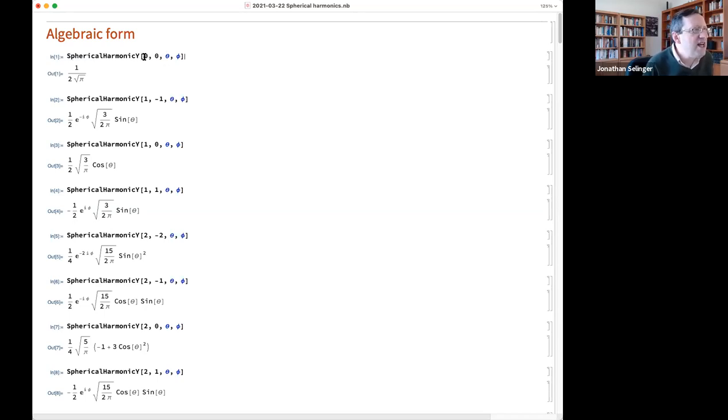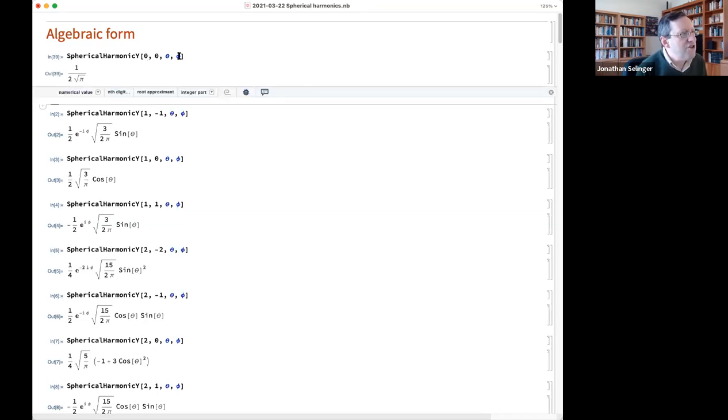The first thing is L, the second is M, the third is theta, and the fourth is phi. So now we can tell Mathematica to evaluate it. Mathematica knows these things, okay? So the spherical harmonic 0, 0 is a constant. I wrote it as 1 over the square root of 4 pi, but here Mathematica has simplified that square root, so factored out the 2.